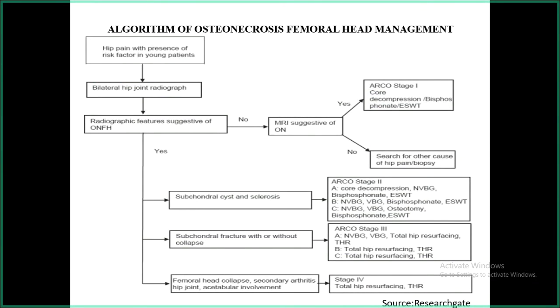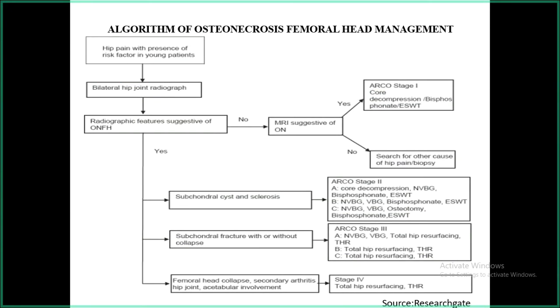If it shows subchondral cyst and sclerosis, which might be grade 2A or 2B, you can plan for core decompression and non-vascularized bone graft along with bisphosphonate or extracorporeal shock wave therapy. Or in advanced stage, you can also plan some non-vascularized bone graft.